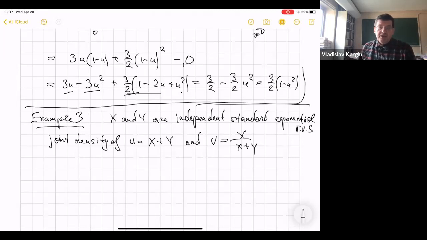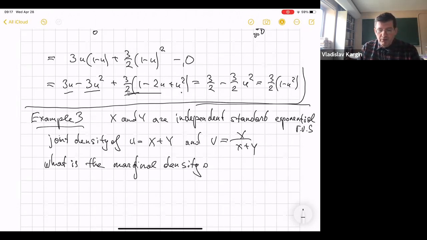And what's the joint density of this, and what are the marginal densities, the marginal density of U and of V. Maybe this is not the best way to calculate the marginal density of the sum of two exponential random variables.